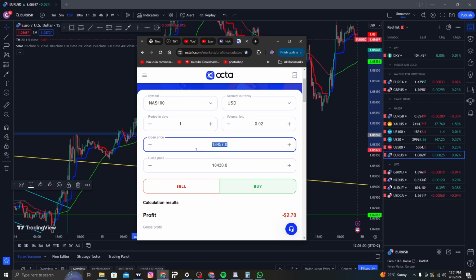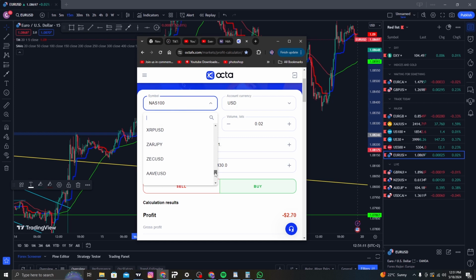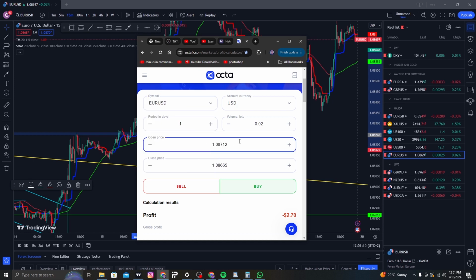You're going to put your entry, which is 0.1, and you have to change it because you're not trading Nasdaq, so you have to go to Euro USD. Number 1, right? You have your Euro USD. So now you know, okay, this is what I'm going to focus on. 0.246, right? This is your entry number. So your exit number is the red one on the side, right?